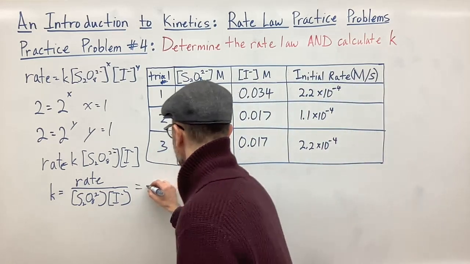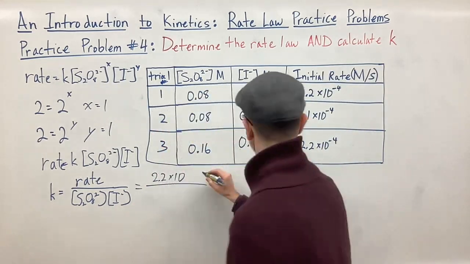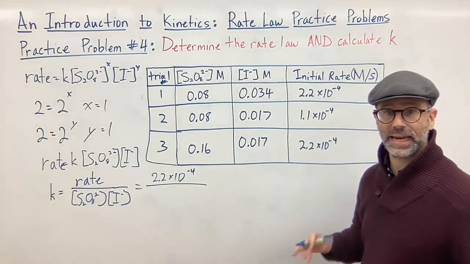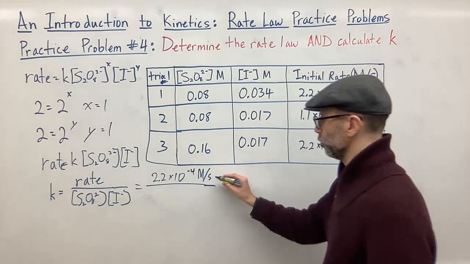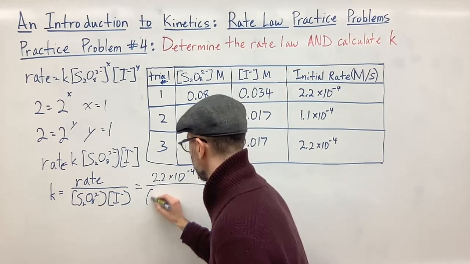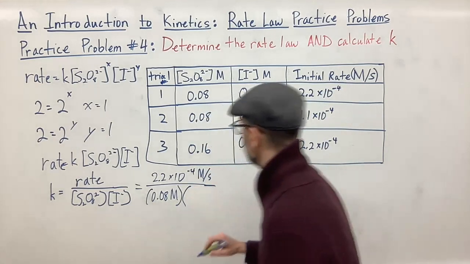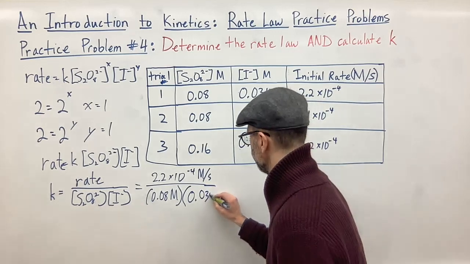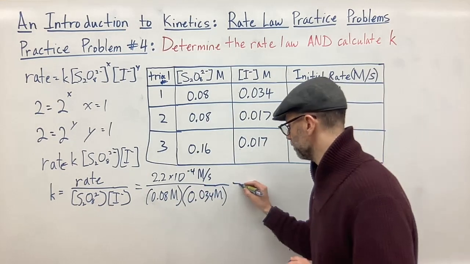So for the first one, the rate is 2.2 times 10 to the negative 4. And we need to put in our units because we need to make sure that our K has the right units. So it's going to be M over S, molarity per second. And then we have 0.08 molar for the S2O8 2 minus, and 0.034 molar for I, and we just calculate.